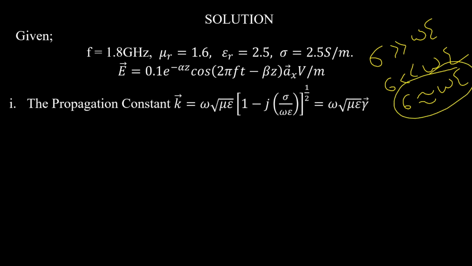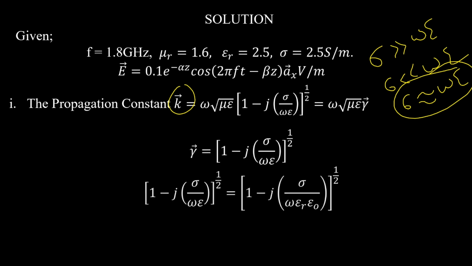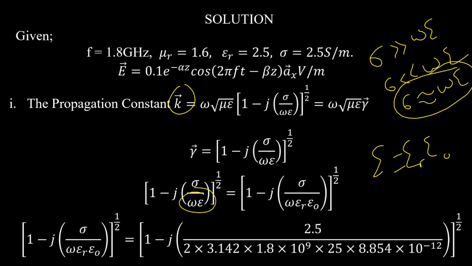So our complex propagation constant K is going to be given by this expression, of which we can substitute here the absolute permittivity to be the relative permittivity times epsilon naught. If we substitute in that part and put every parameter here, we're going to end up having this as our gamma.